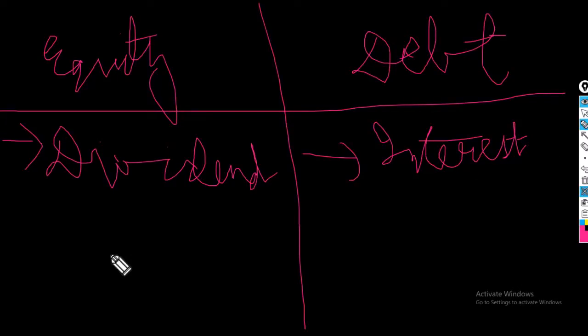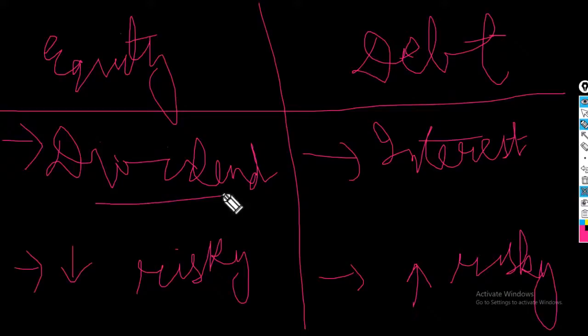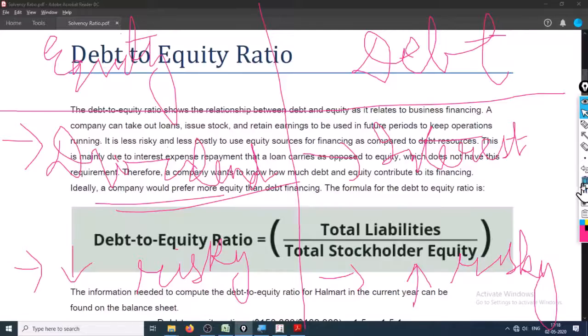So which one is more risky? That is interest, because you will always have to pay interest no matter what. But for equity, you can always choose to not pay your dividends, if you don't have favorable profits.